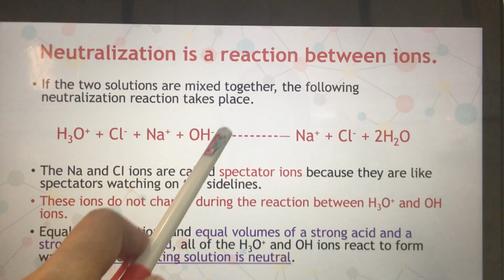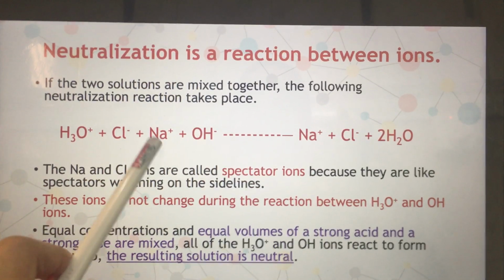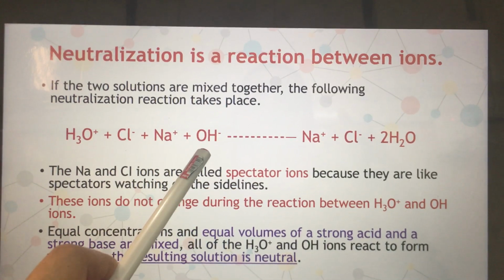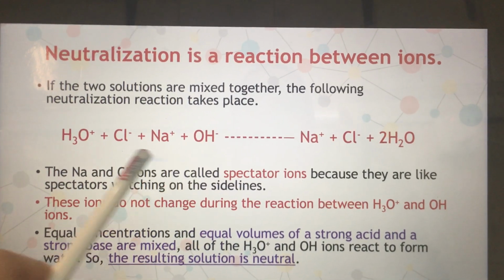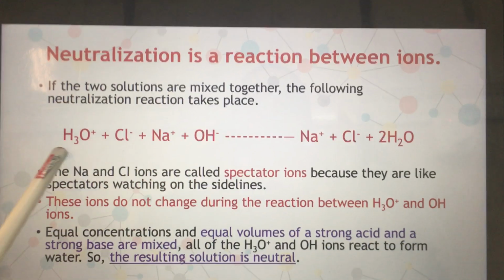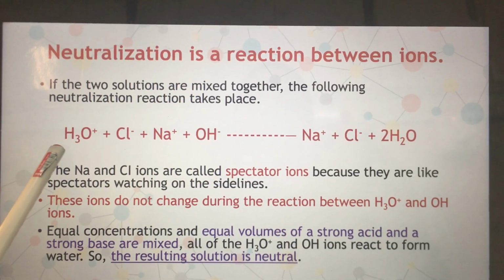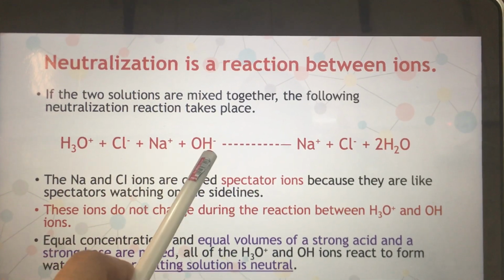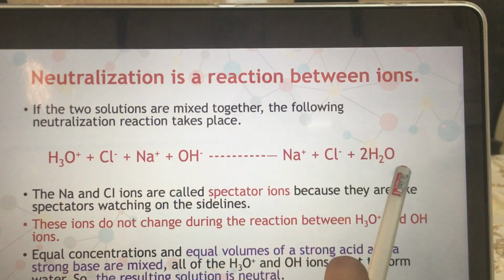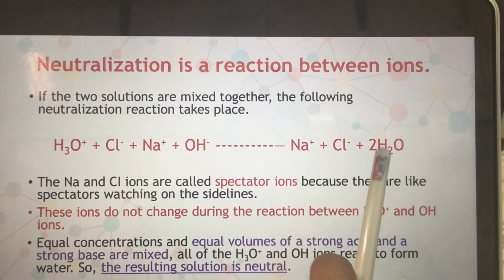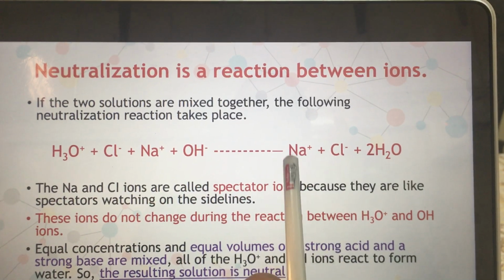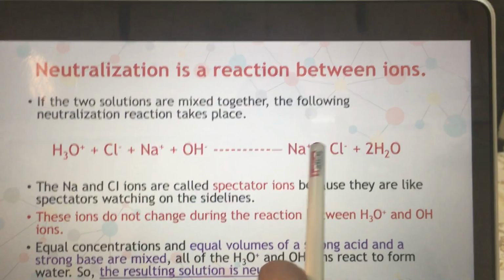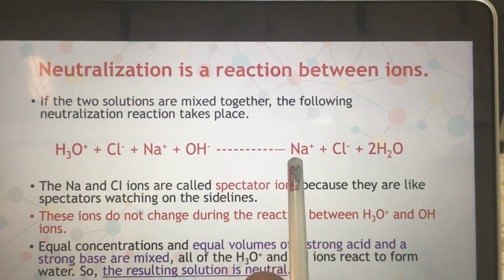This is the solution of the strong base, positive sodium ions and hydroxide ions. When we put the two solutions together, they will react together. The acid solution reacts with the base solution, and they will form water molecules and a salt. Here in this example, the salt is sodium chloride.